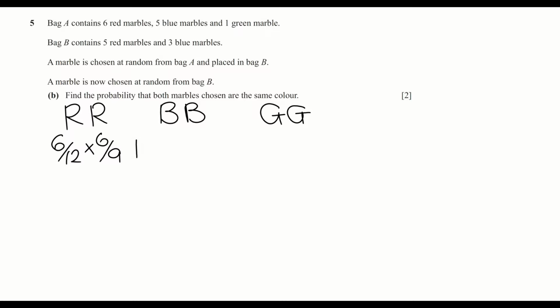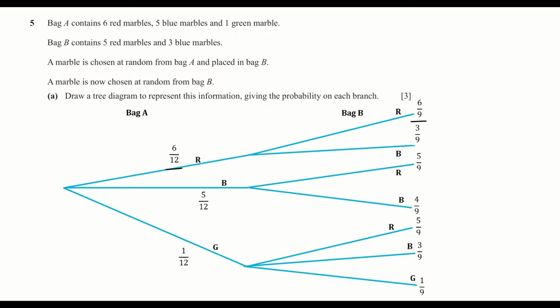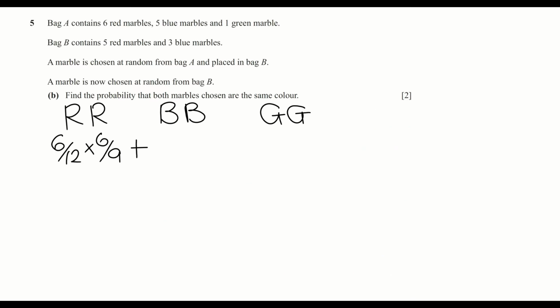So now we need to add a blue marble from bag A, 5/12, a blue marble from bag B, 4/9. So we need to multiply these as well, 5/12 and 4/9.